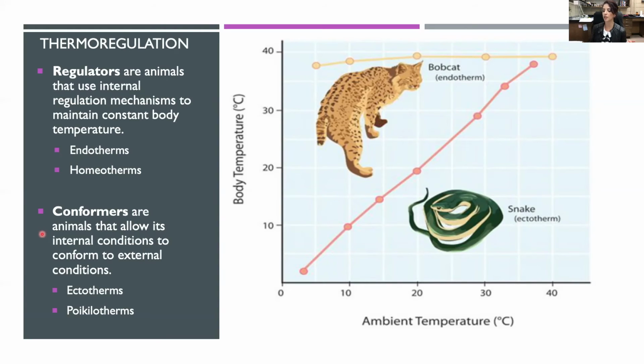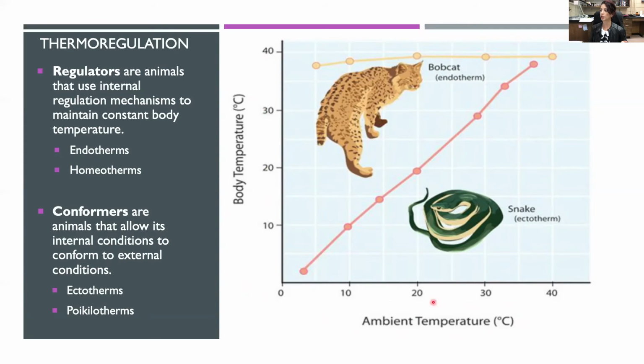So instead of having those internal mechanisms in place to maintain a constant body temperature, it instead conforms to the ambient temperature around it. We can see this in an XY graph where we're plotting on the x-axis ambient temperature increasing to the right and body temperature of the organisms increasing along the y-axis here.